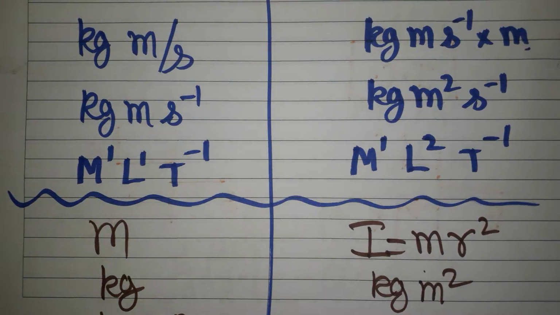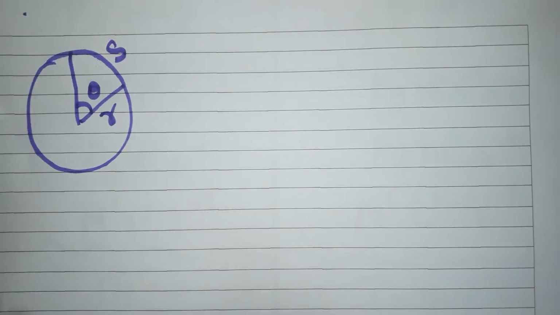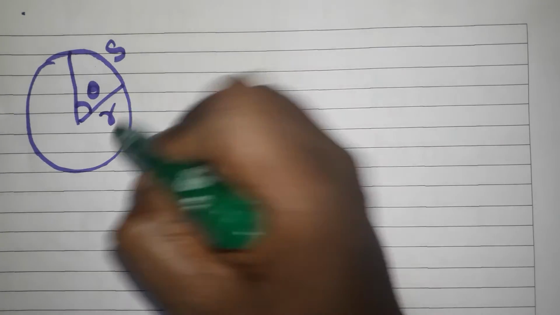Next, comparison. First we are going to learn the relation, then I will come to the comparison, because you require this relation. So we have a circle. The radius of the circle I am taking as r, the angle of the circle theta, and the arc length as s. What is the relation between theta, s, r?